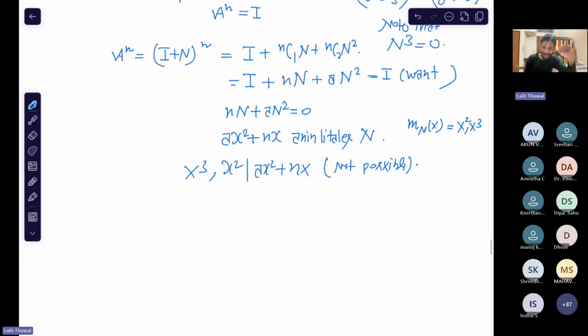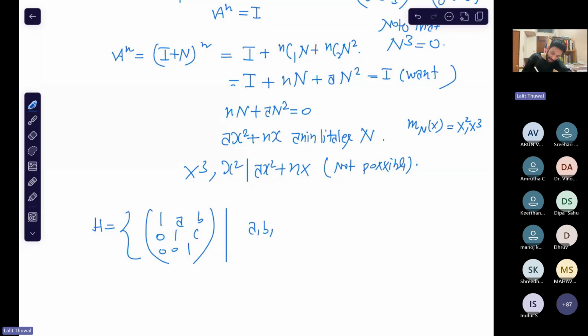But now I'm asking you, suppose that you have a group H, like this, H equal to the matrices 1, 1, 1, 0, 0, with entries A, B, C. Here A, B, C come from Z_P, where P is a fixed prime.